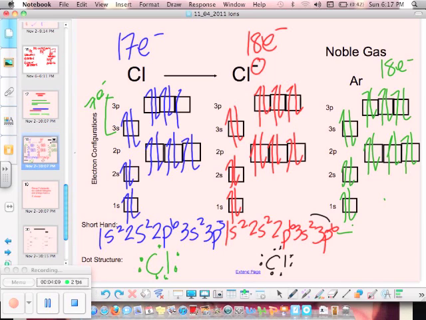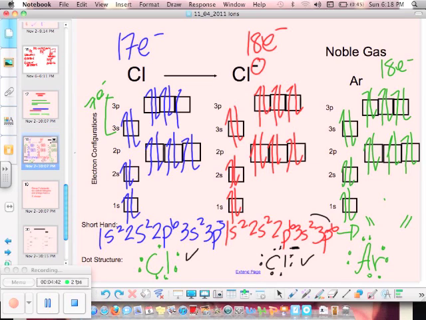My electron configuration is the exact same thing. But now I have argon, which has 1, 2, 3, 4, 5, 6, 7, 8. One thing I forgot to do was add this minus charge right here. I had chlorine with 7, now chlorine with 8, keeping that minus charge. Now I have chlorine that looks pretty similar to argon.